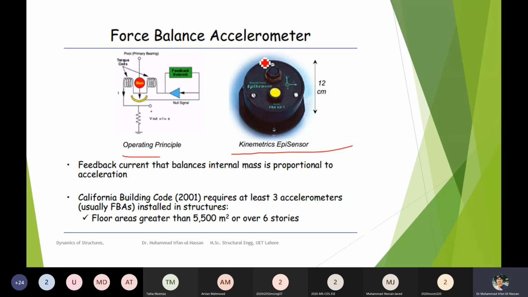These are small equipment and can be attached to the buildings, and the building code, international CBC, California building code, requires at least 3 accelerometers should be installed in any structure if the floor area is larger than 5,000 square meter or over 6 stories. Building is more than 6 stories, so you need to measure these by the force balance accelerometer. So this is the measurement of acceleration by the force balance accelerometer.